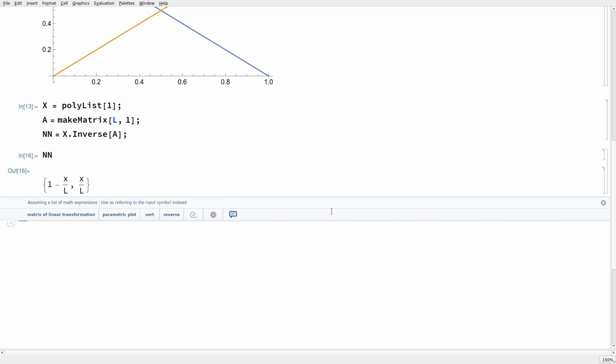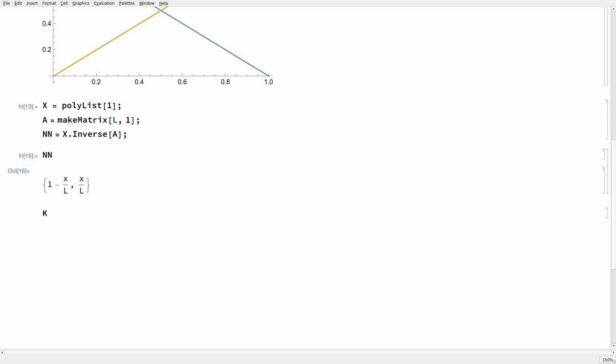We need to make our shape function matrix. So we'll do K is equal to the integral from 0 to L d n x times d n x.